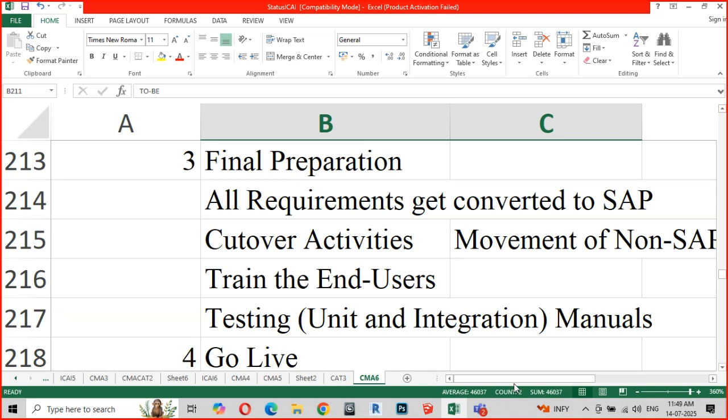Are they showing the same figures? Is my trial balance, which I drew from the non-SAP system as on that particular day, matching with the trial balance, the balance sheet, or the profit and loss account in SAP? Even before I hand over the system, I ensure that both reports have the same figures.